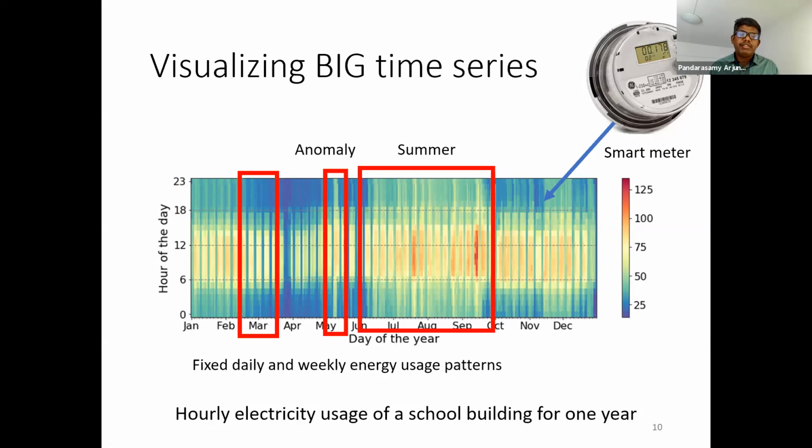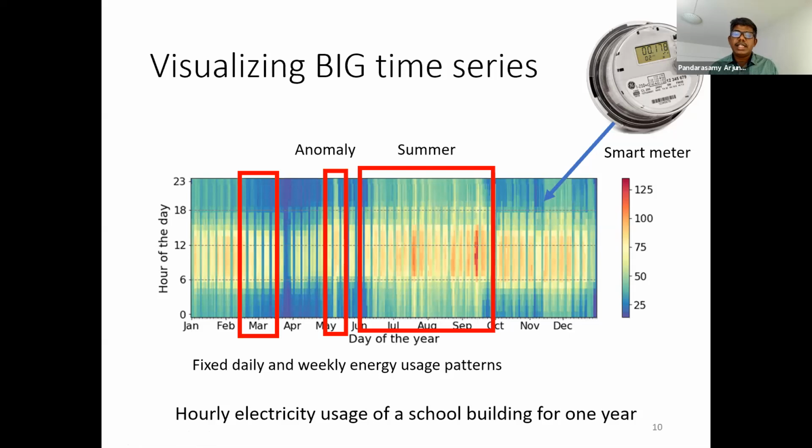In between we also have these light dark blue vertical lines that correspond to the weekends. And for one day, you see there is some energy consumption during the night hours also. Probably there were some activities going on in the school, or that could be an anomaly, like people might have forgotten to turn off some appliances.